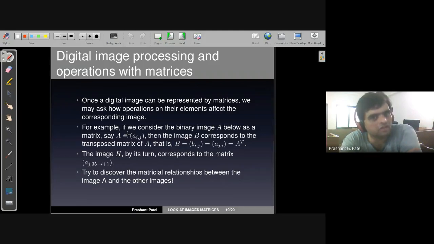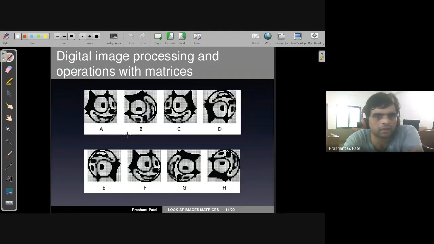The mathematics behind that operation is just making a transpose of that matrix. Here the first image is A, the original image. B will represent the transpose and all sorts of things. So there are different operations we did on A, and we achieve all these images.